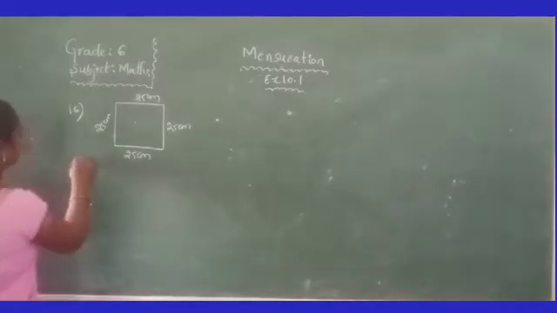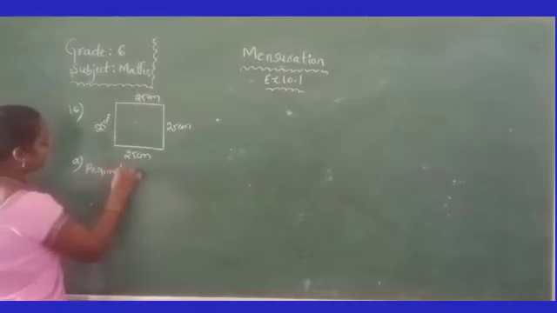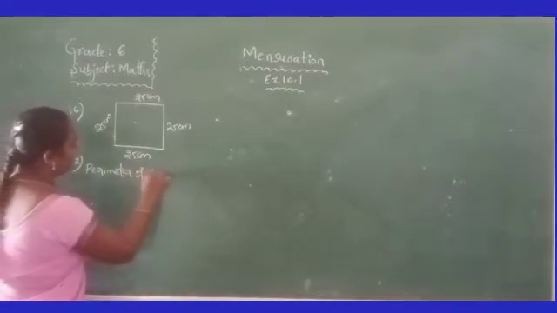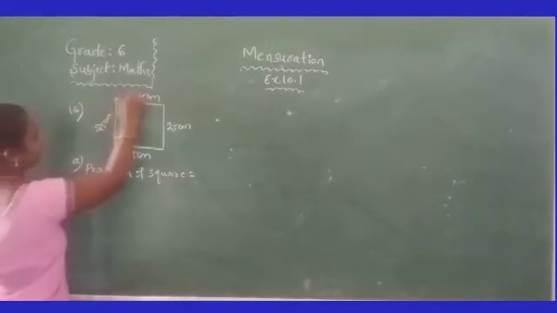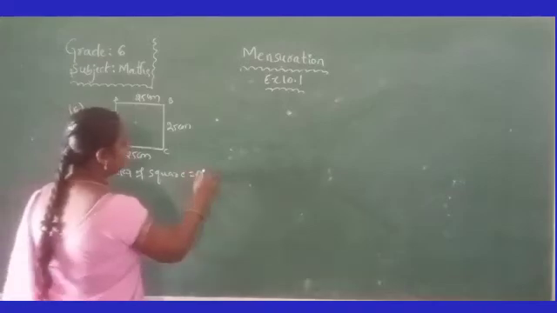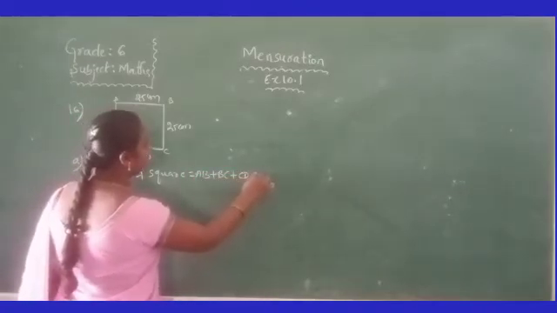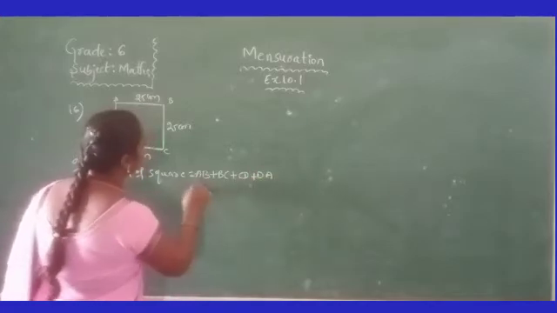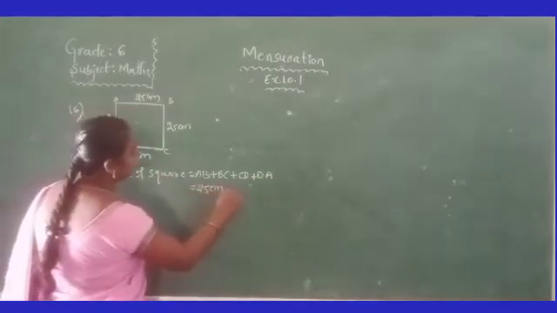Now we have to find the perimeter of the square. Give the names A, B, C, D. Now write each distance: AB plus BC plus CD plus DA. What is the length of AB? 25 centimeters.